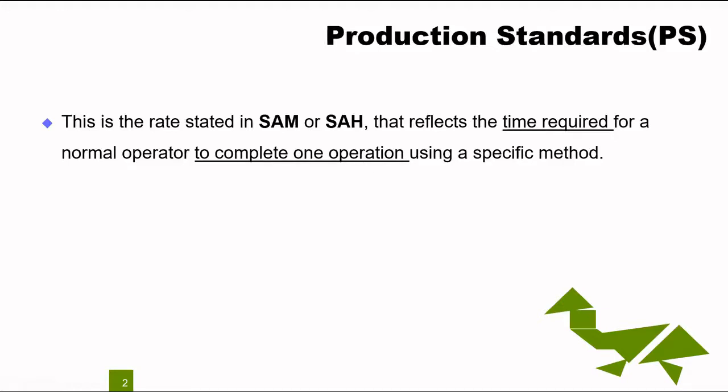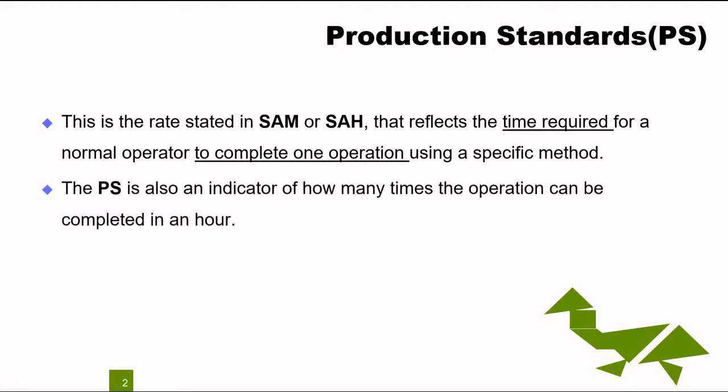And every industry has its production standards. For a men's shirt, for a printed t-shirt, for a skirt, for a blouse, for a dress, we have the production standards in place for everything, for fusing, for stitching, for buttoning, for doing embroideries, and so on and so forth. Now, the production standard is also an indicator of how many times the operation can be completed in an hour.